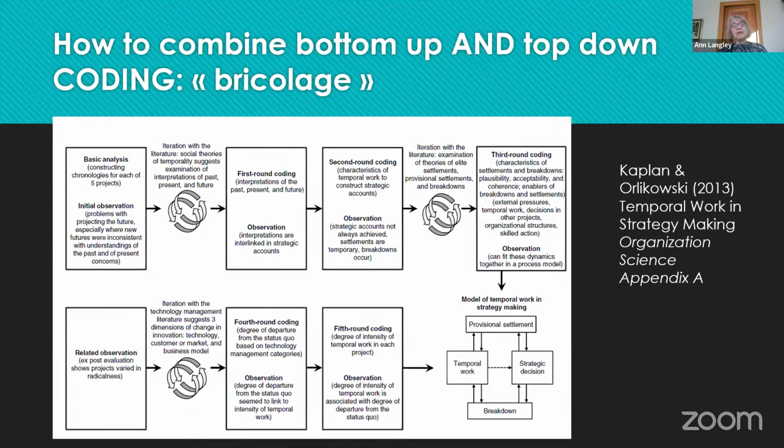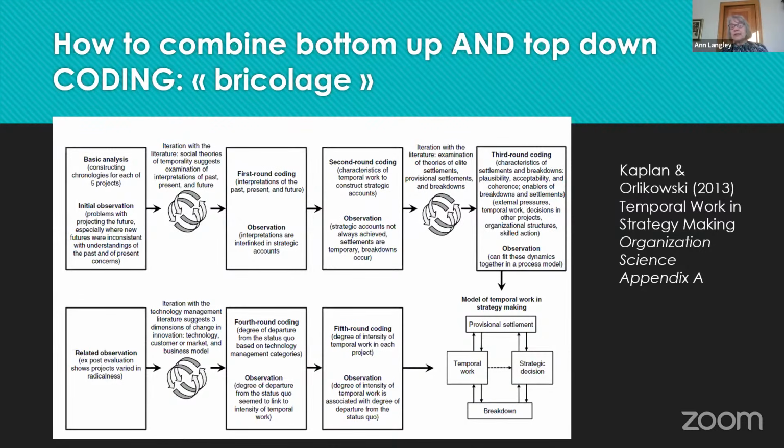And all of the circles, where you've got these circles going around, show how they iterated between bottom-up coding of their data, going to the literature, finding a theory that might help, and then doing coding based on the theory that they had found, and doing this iteratively multiple times. They're trying to describe here the exact process that they went through to arrive at the particular theory they ended up with.